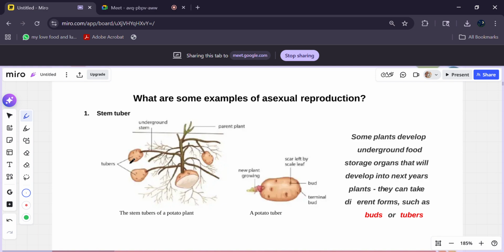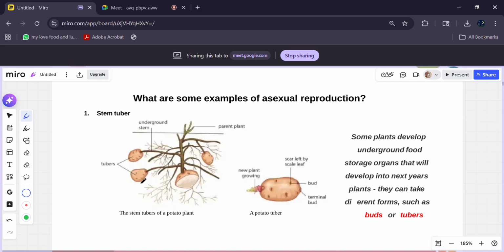Now, as I said, during favorable seasons, the buds will use up the food stored in the tuber to grow into new plants, and there will be as many new plants as there are buds. So what they're trying to explain is, in some tubers, they store food, and during the time where the season is favorable, like spring season, the buds will use the food stored in the tubers to create new plants.